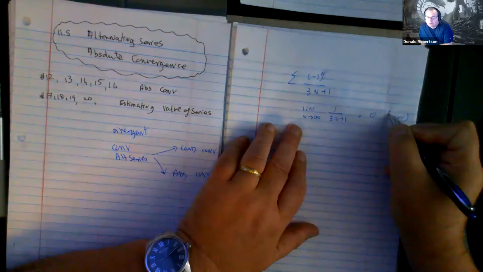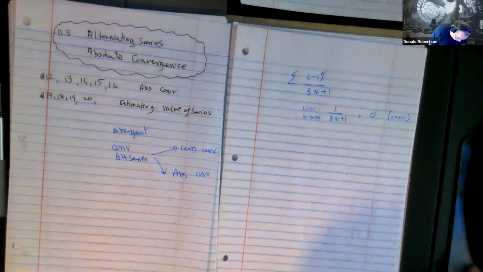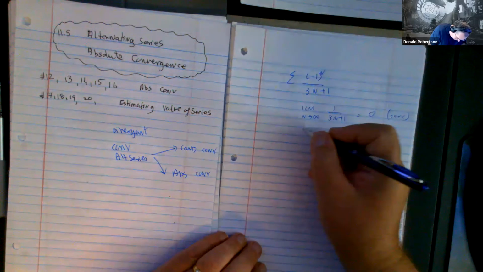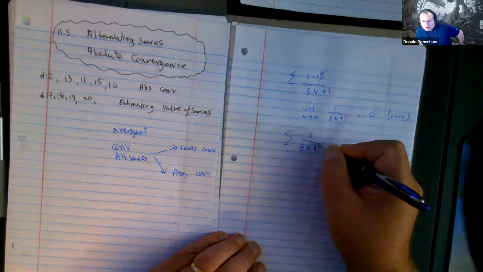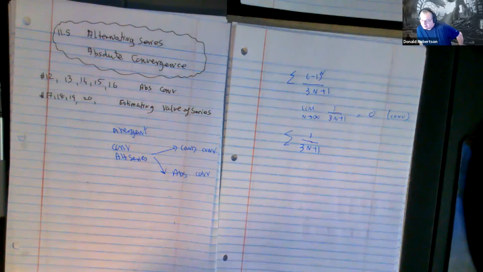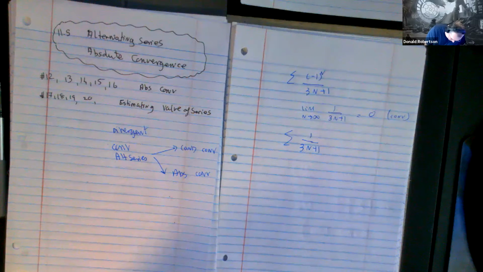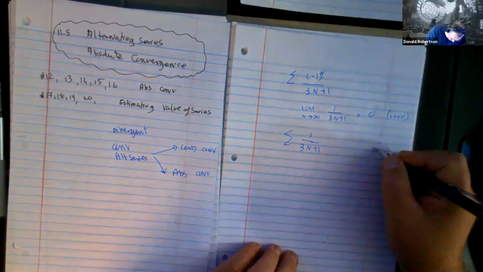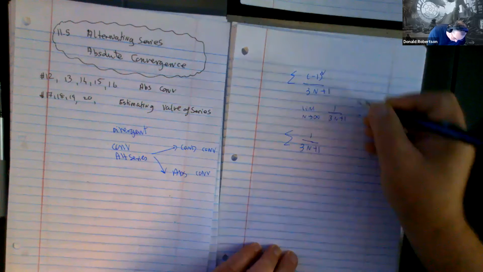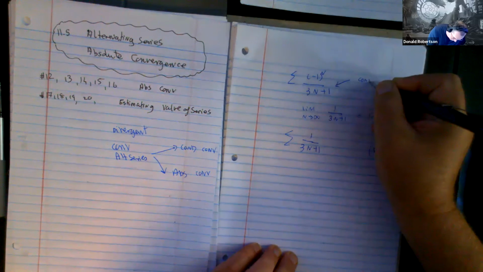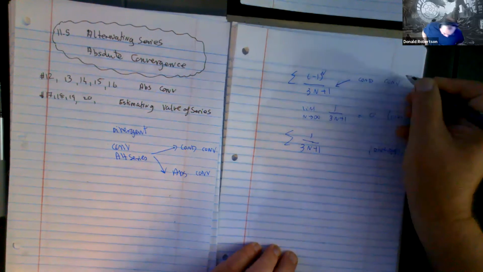That's all I know. If I now turn it into this fella, it diverges. I'm telling you it diverges. Which means that this series is called conditionally convergent. That's the one you're going to choose.